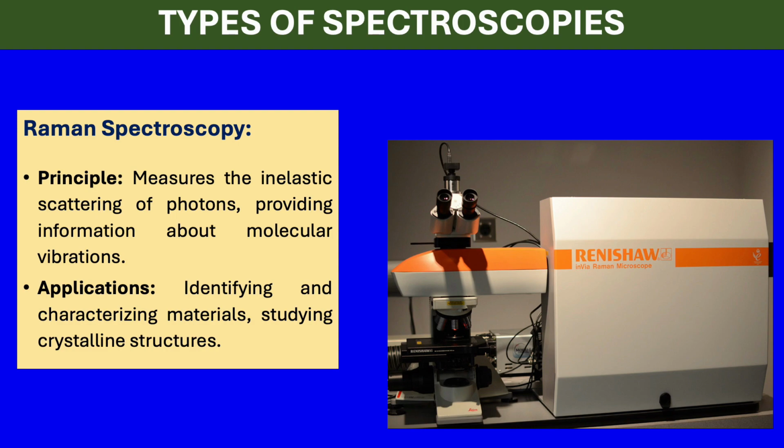Out of the different spectroscopies, Raman spectroscopy is very popular. It helps in measuring the inelastic scattering of photons, providing information about the molecular vibration of a particular substance. It can be applied in identifying and characterizing materials as well as studying crystalline structures.